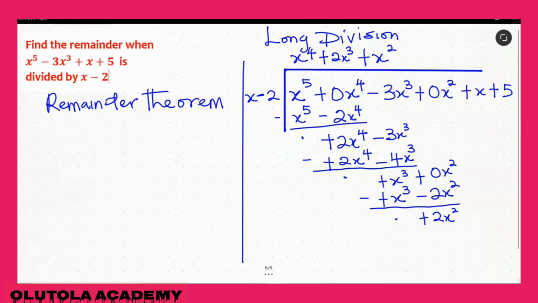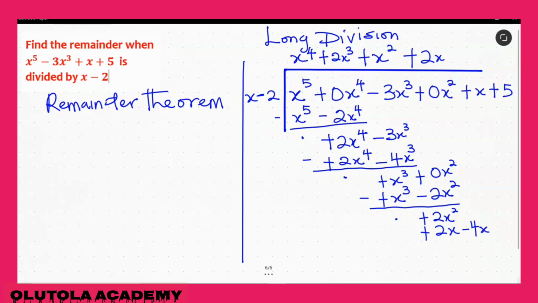Then I still continue the division because 2x square down here can be divided by x, the divisor. So 2x square divided by x will give us plus 2x. I'll write that up here, plus 2x. Then I multiply x minus 2 by 2x. I will have positive 2x square minus 4x.